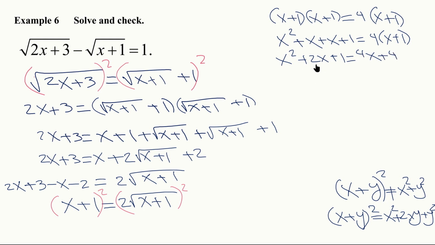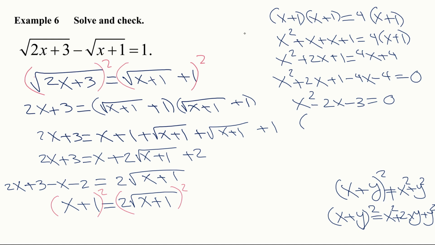There's no more simplification possible on either side, so we go ahead and move everything to the left side. So x squared plus 2x plus 1, 4x becomes negative 4x. When it moves to the left side, 4 becomes negative 4. So now we combine like terms, so we have x squared minus 2x minus 3 is equal to 0.